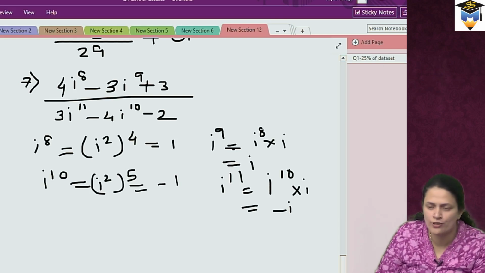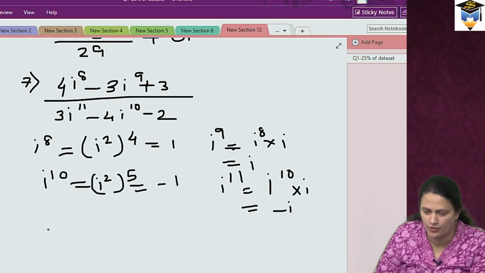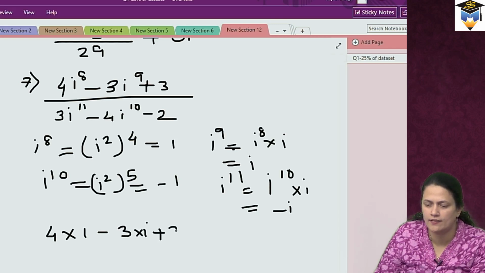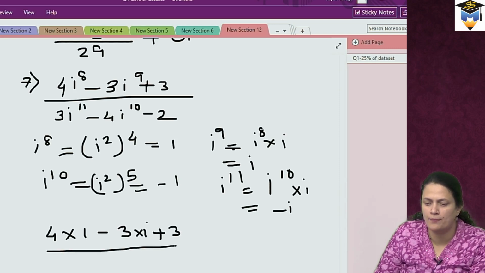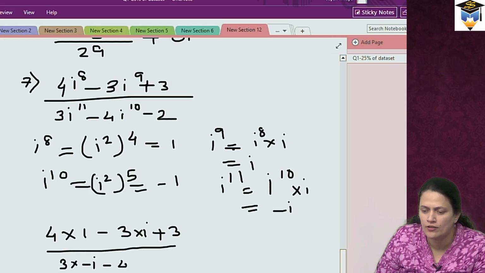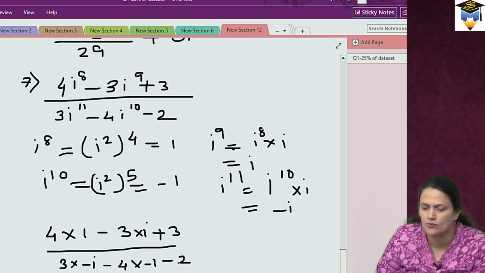Now we are just going to substitute the values in the original one. Okay, so 4 into 1 minus 3 into i plus 3 upon, in the denominator, 3 into minus i minus 4 into minus 1 minus 2.